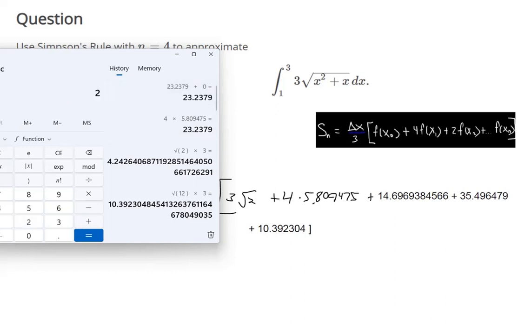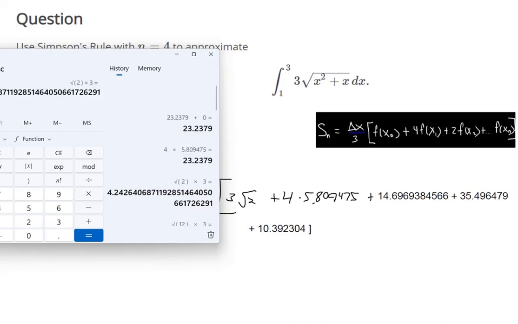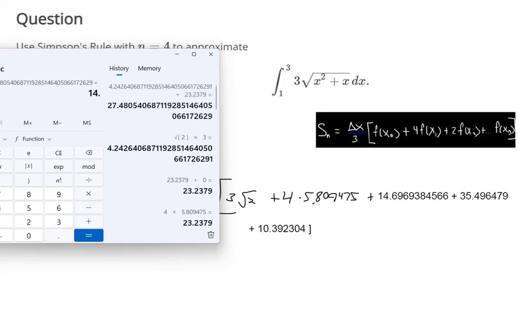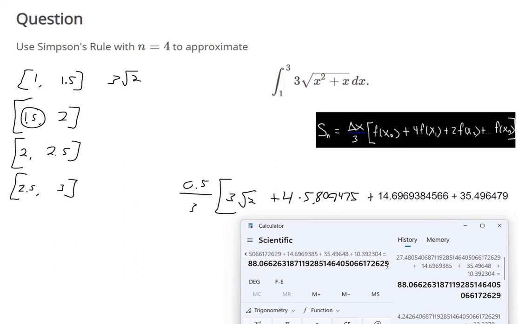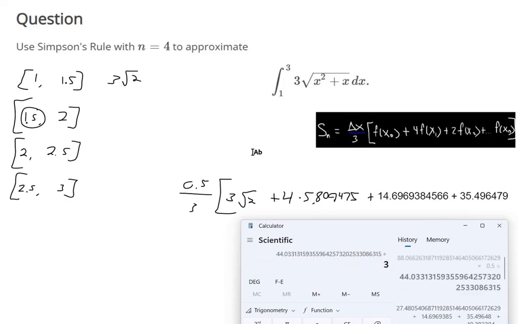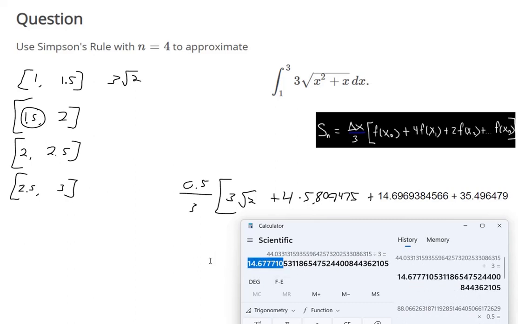So square root of 2 times 3 plus that result plus 14.696938. That's enough there. Okay, I've added them all up. Now I need to multiply by 0.5, then divide by 3. So I got 14.6777 using Simpson's Rule.